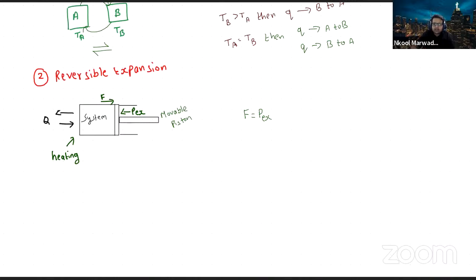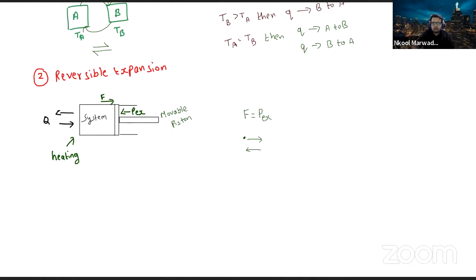So how it will act is that sometimes F will be able to expand the piston a bit, and as a Newton's third law reaction, it will once again compress it and take it back to the original state. Let us suppose this is the original state, where the particle was at this point. Because of the net force, it will move a certain distance, and once again it will get back to its state, and it will keep on going like this.